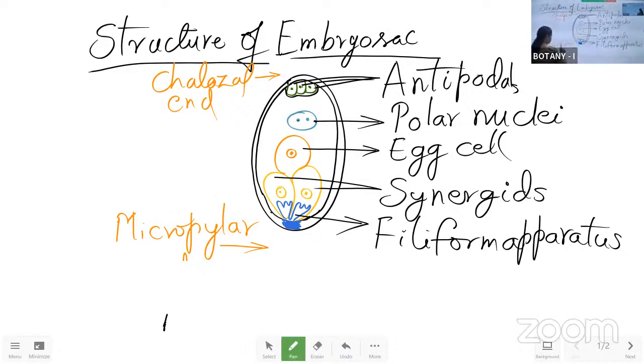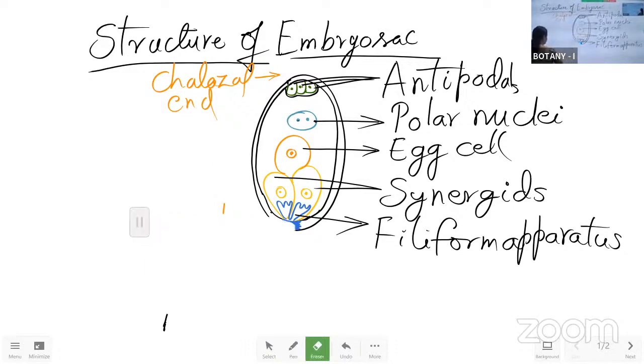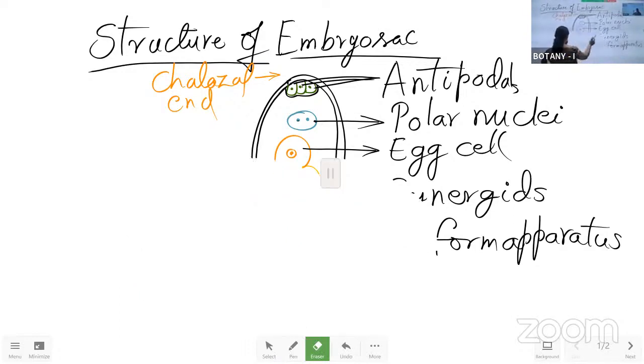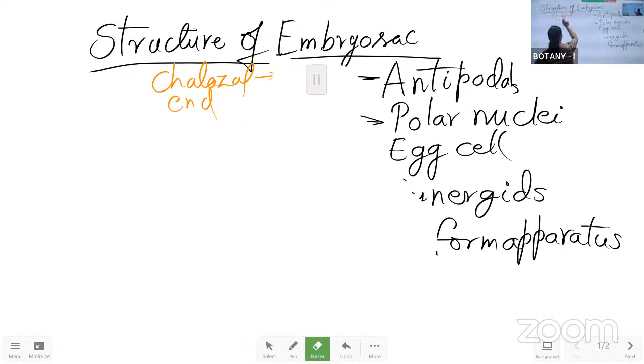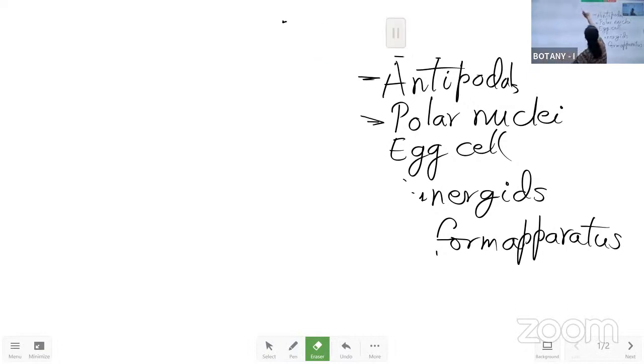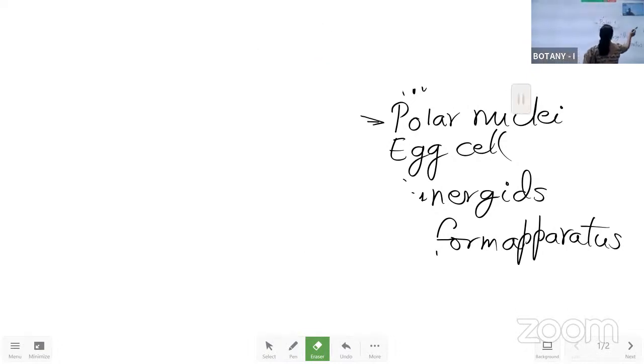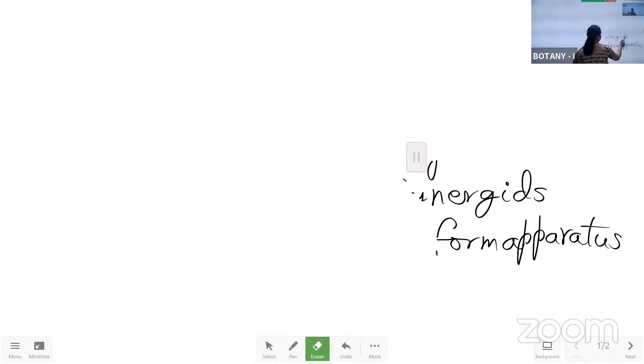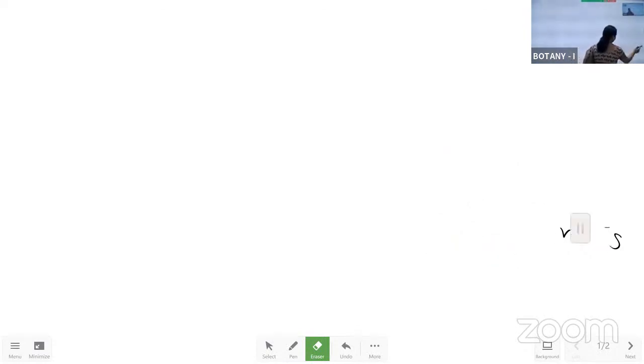Okay, now we will go with the next LQ, that is the wall layers of microsporangium. What is meant by microsporangium, how to draw the diagram and how to describe the parts?